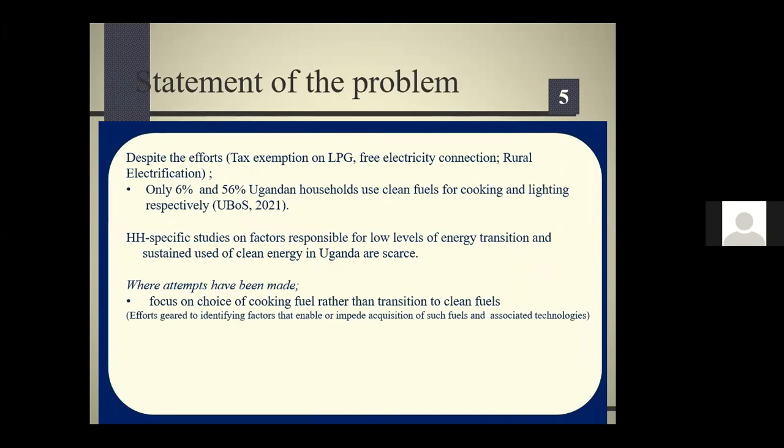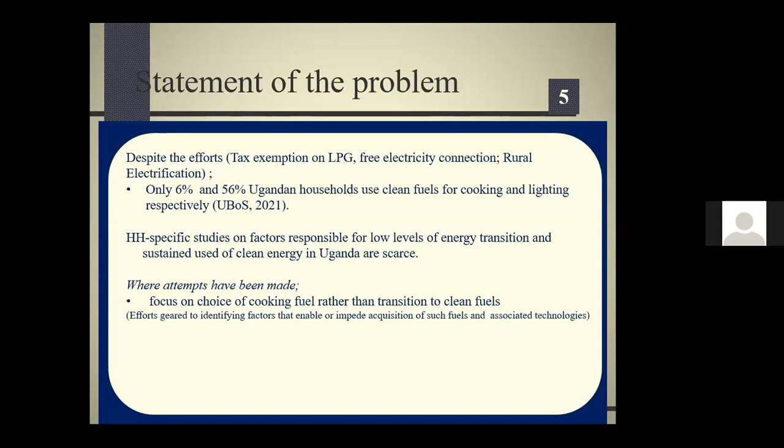Now, I would quickly take us through the statement of the problem. There's been a lot of effort, especially in Uganda, to try to get households off solid fuels to clean fuels.